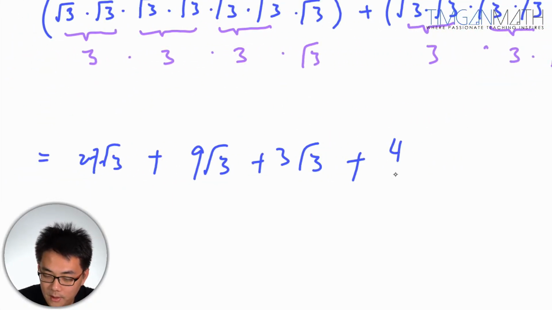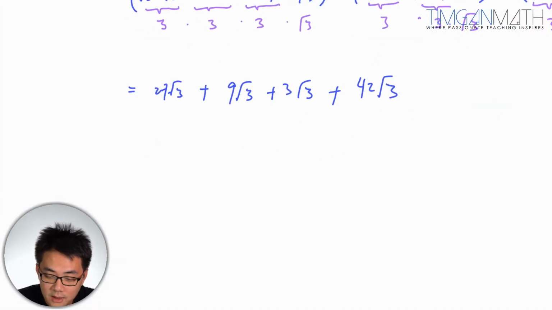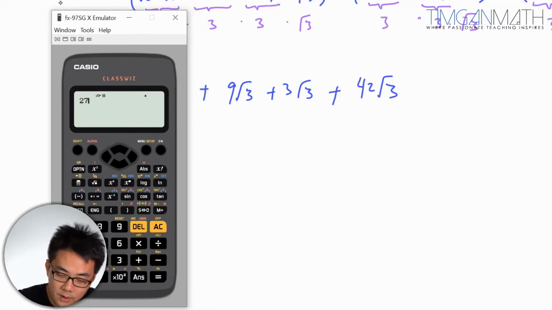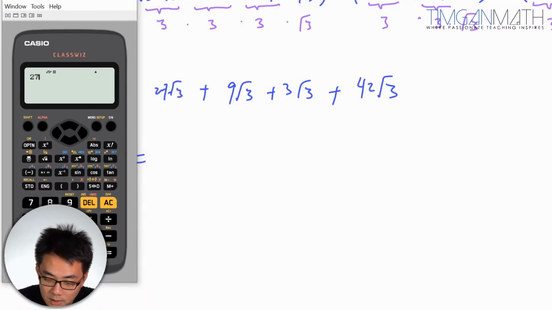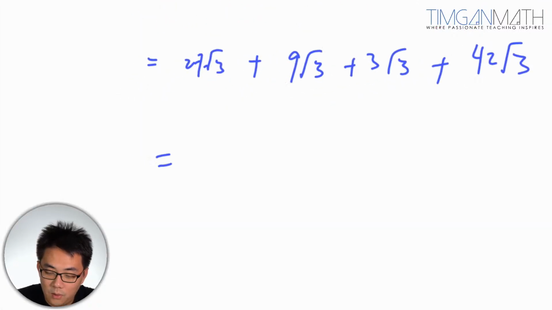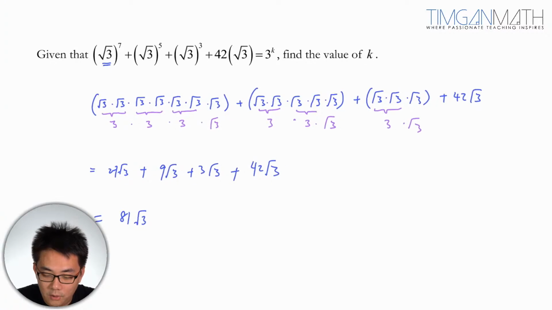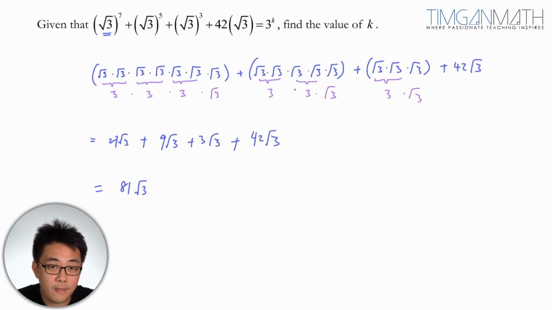In this case, we just add 27 plus 9 plus 3 plus 42, which is 81. So this is 81 root 3. Now, obviously, this is a far cry from 3 to the power of k.